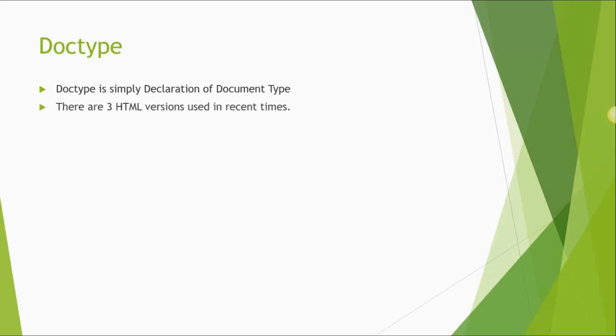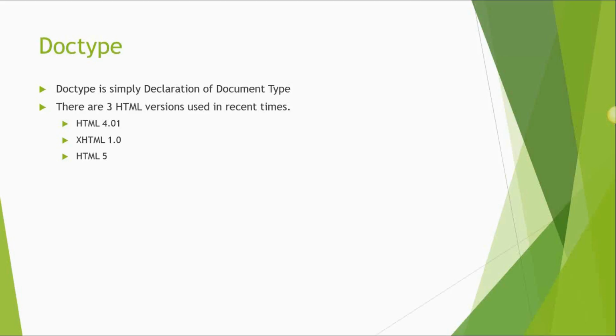Right now, there are three HTML versions used in recent times, which are HTML 4.0, XHTML 1.0, and HTML5. Depending on the HTML version, we have to define the document type, or document type definition.